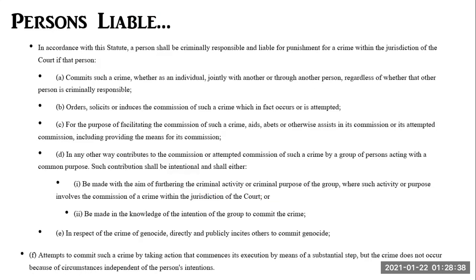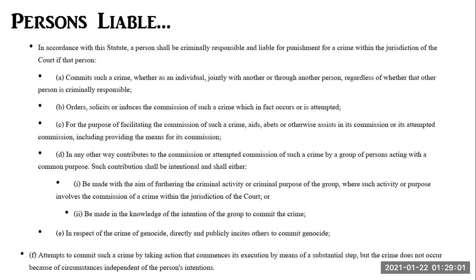B, orders, solicits, or induces the commission of such a crime, which in fact occurs or is attempted. C, for the purpose of facilitating the commission of such a crime, aids, abets, or otherwise assists in its commission or its attempted commission, including providing the means for its commission.